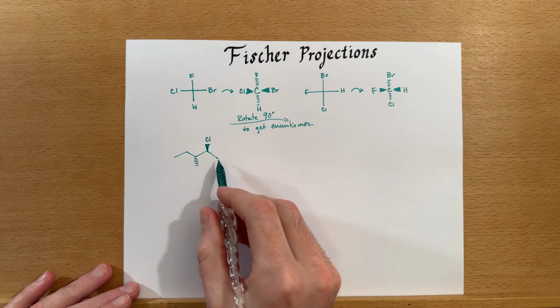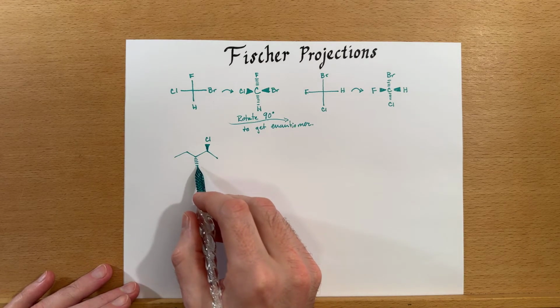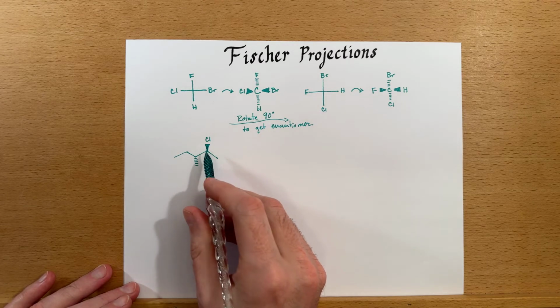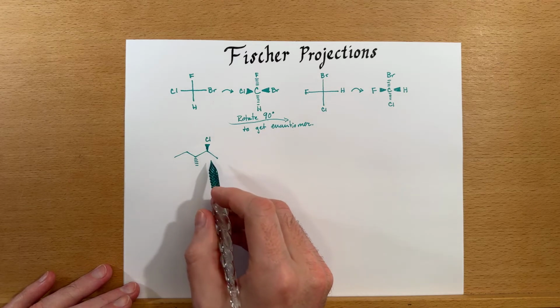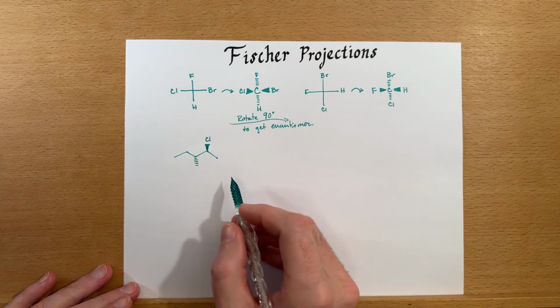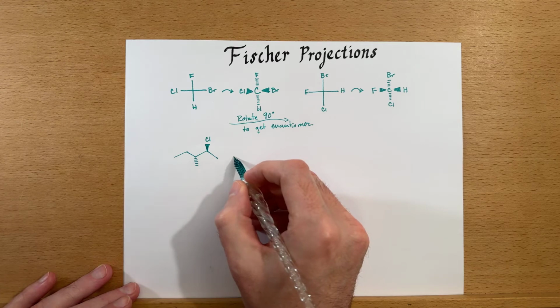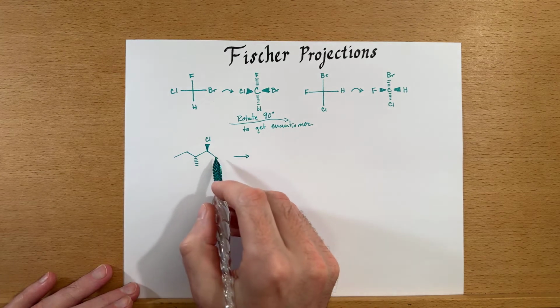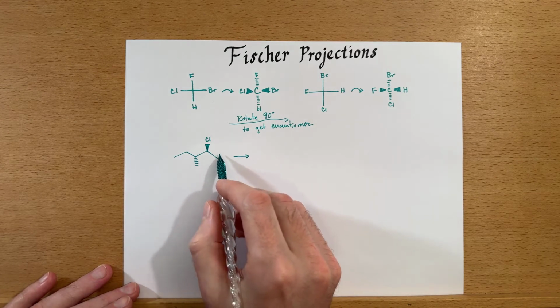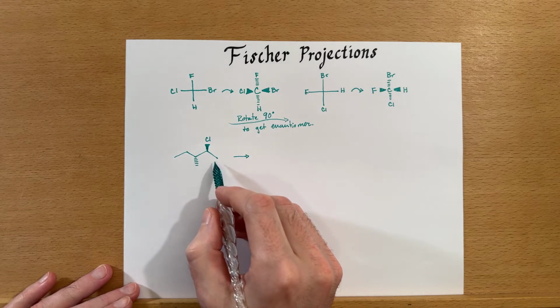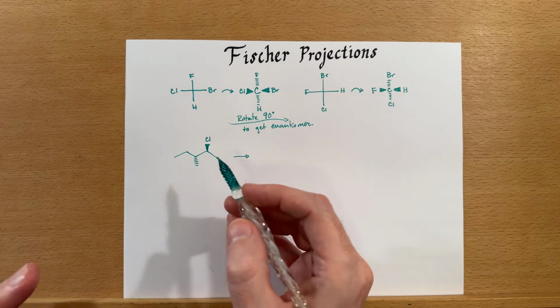So here we have a chiral molecule. I've placed a methyl group on the third carbon, and I've placed a chlorine group on the second carbon. Now I'm going to translate this into a Fischer projection. This methyl group, carbon number 1, is symmetrical.